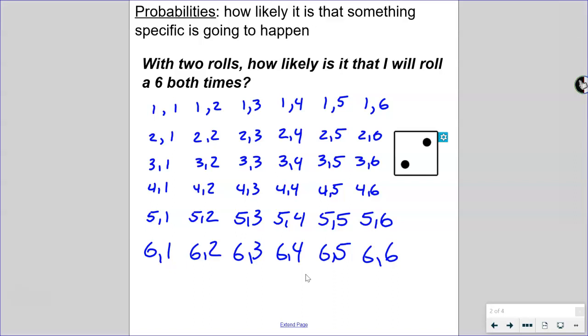And so now let's look at how many possibilities there are. I think you guys can see, I kind of arranged this. It's an array, but I'm going to count it just to make sure.